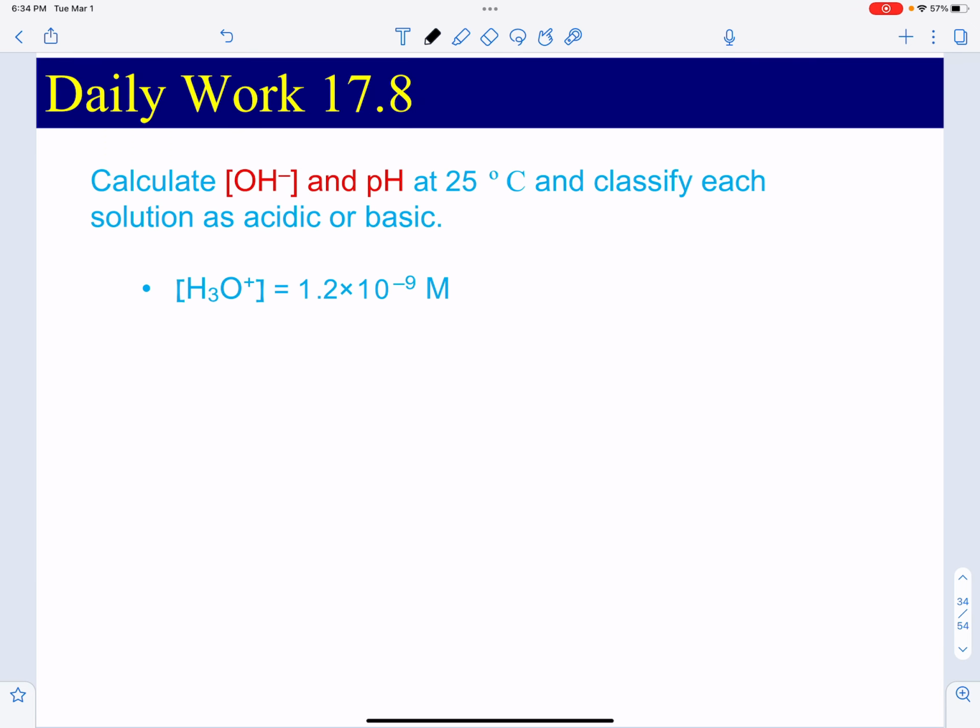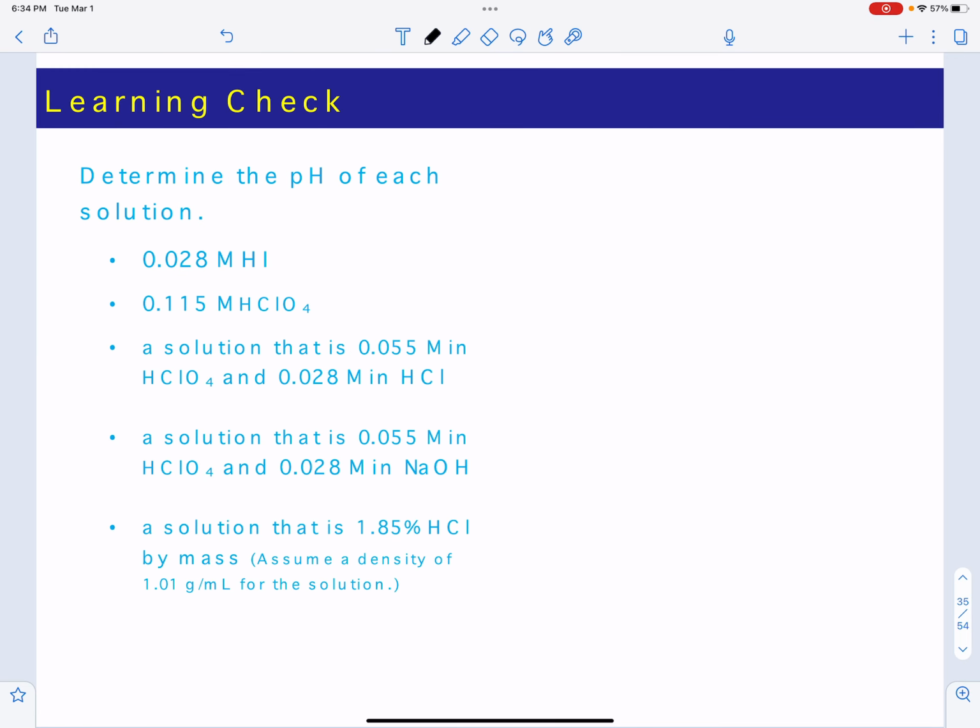So with that in mind, you can go ahead and do the daily work 17.8. So you're asked to calculate the hydroxide and to classify as either acidic or basic, or neutral. It could be neutral also, right? Now let's do this problem now. Once more, we are asked to find the pH.